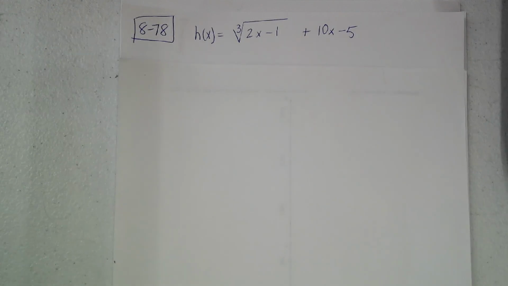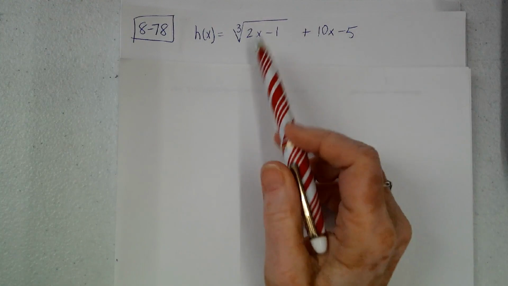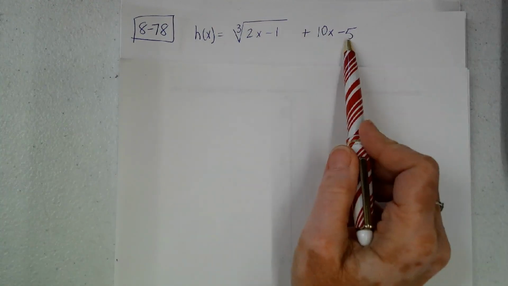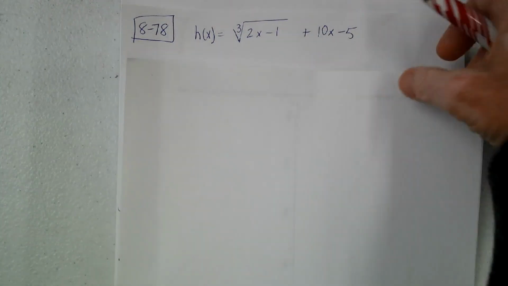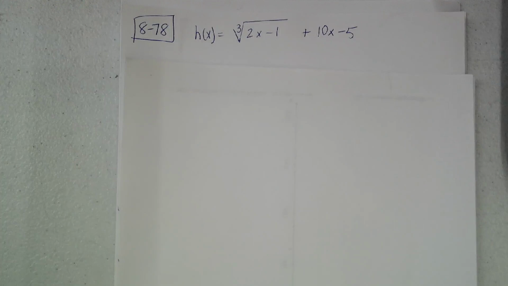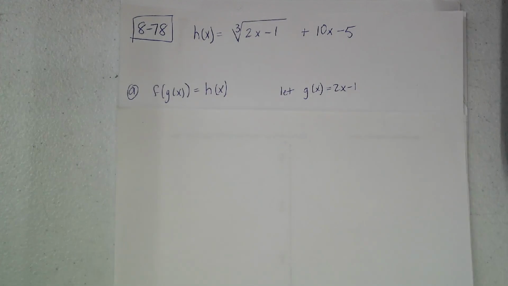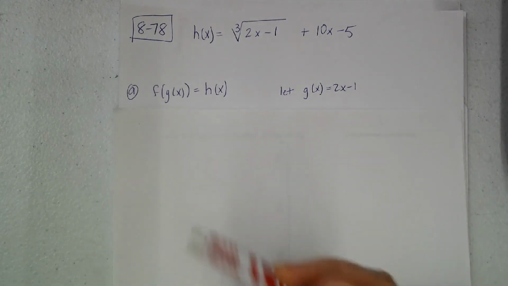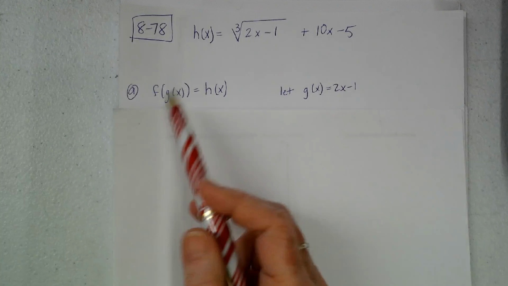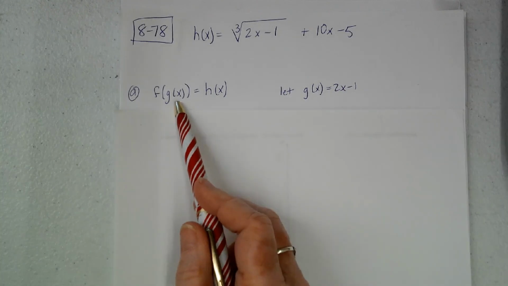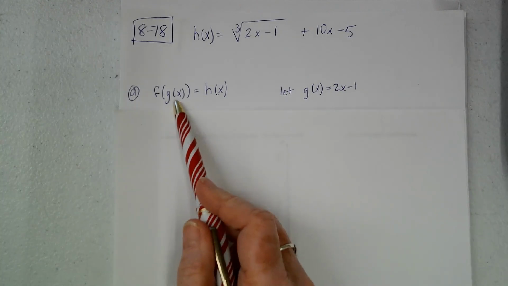Here's Precalculus problem 8-78. It gives you this function h of x, and it wants you to break it apart, well, it wants you to rewrite it as f of g of x.